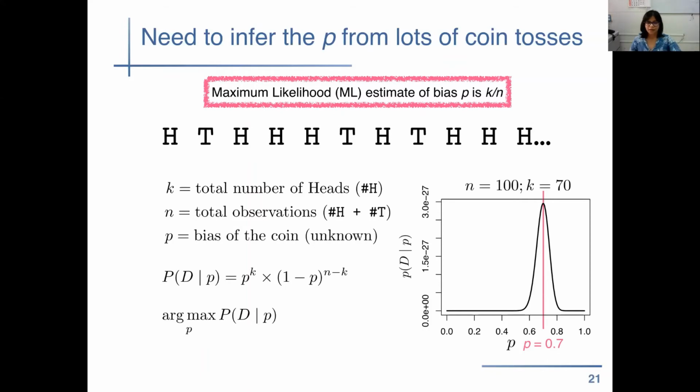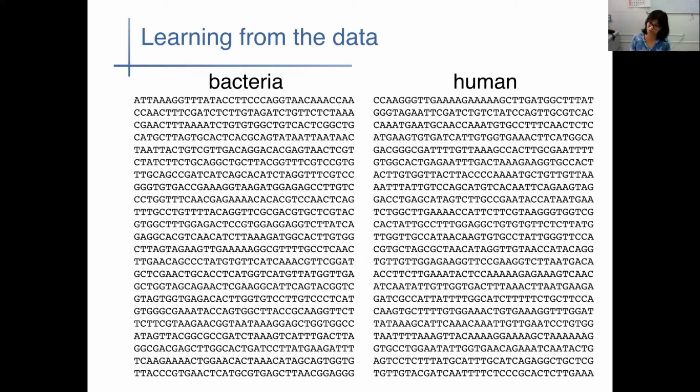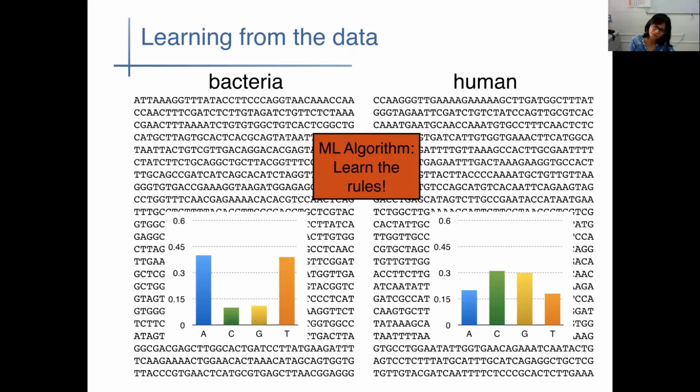All right. So going back to bacteria and human, once you have a lot of data, you can learn these values. Again, this would be very similar to K by N: the number of times you see the A appear divided by the total, and so on. So the formula remains very similar to the coin formula, and then you can use it to predict.